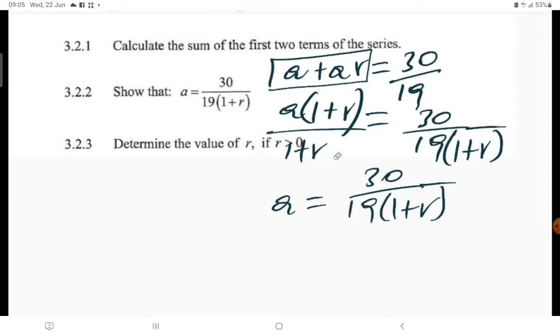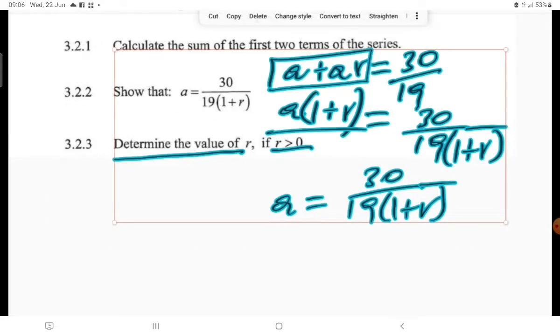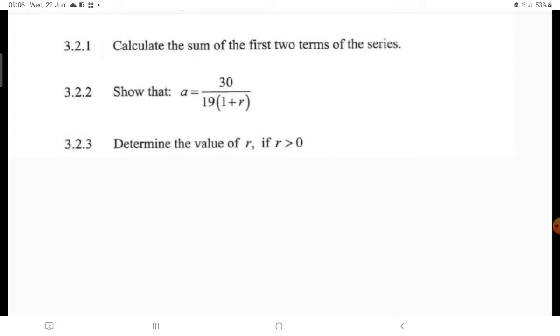So the next question says determine the value of r if r is greater than 0, which means, because of this condition, we will probably get two or three values of r if possible, but now we need to take the one that is greater than 0 to be the correct solution. So we really have to consider this conclusion at the end of our solution. So how do we then determine the value of r?